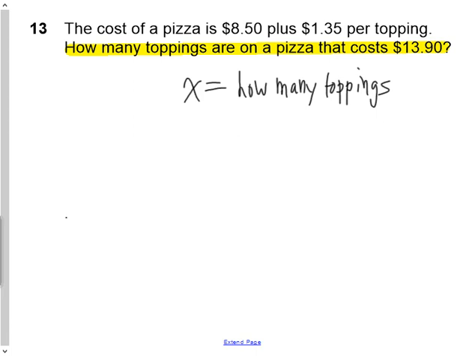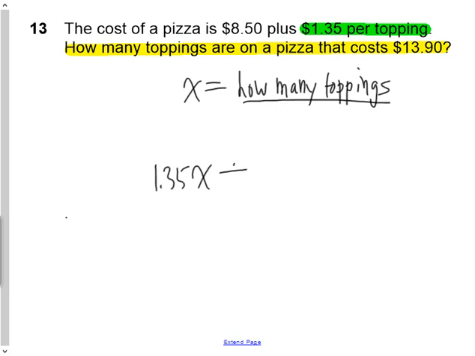So if it's $1.35 per topping, that means I'm going to take the toppings and multiply however many I get by $1.35. That becomes a coefficient and a variable, okay? So $1.35 is now your new coefficient for x because you're multiplying however many toppings you buy by $1.35, and that's what a coefficient does.